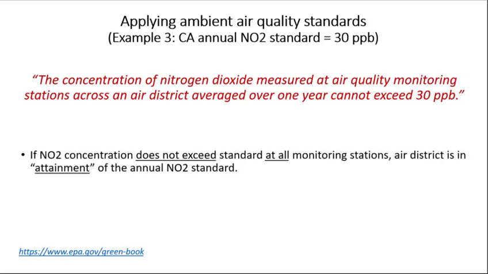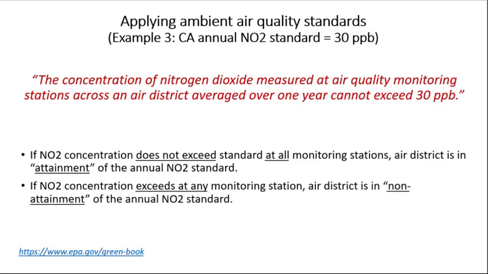Therefore, if the NO2 concentrations averaged over a year do not exceed the air quality standard of 30 parts per billion at all monitoring stations, the air district is in attainment of the annual NO2 standard. Contrarily, if NO2 concentrations averaged over a year at any monitoring station exceed the ambient air quality standard of 30 parts per billion for NO2 annually, the air district is in non-attainment of the annual NO2 standard.